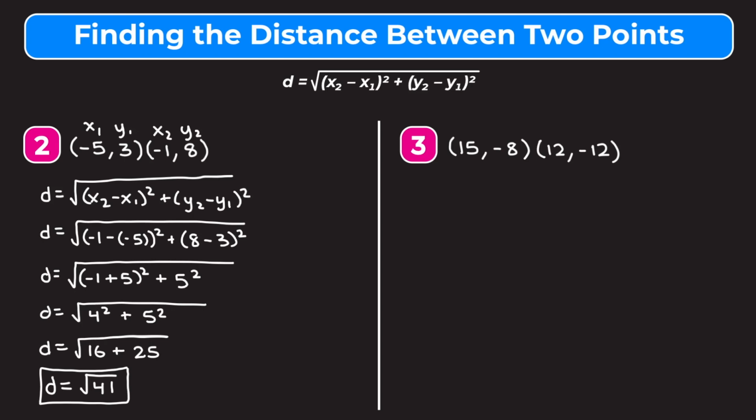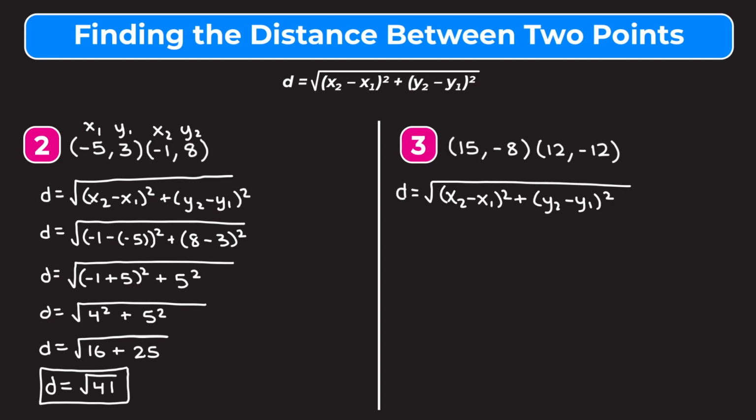Taking a look at example 3, we want to find the distance between the points 15, negative 8 and 12, negative 12. So again, I'm going to start by rewriting my distance formula. So I have the square root of x2 minus x1 squared plus y2 minus y1 squared.